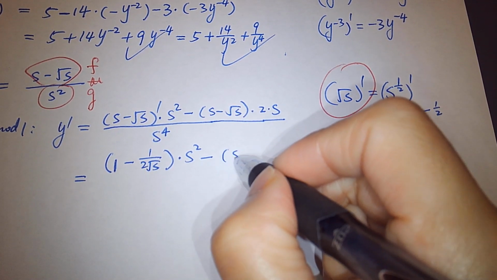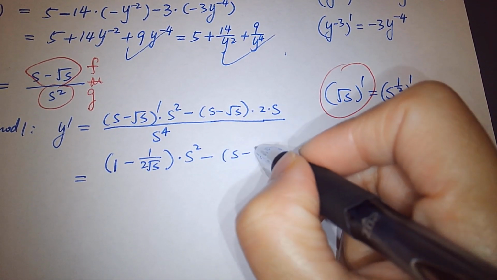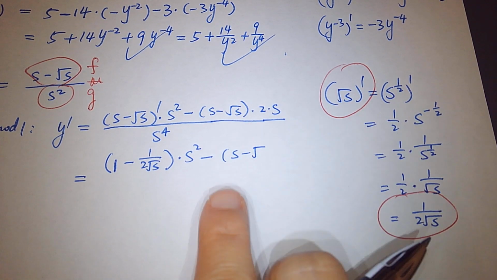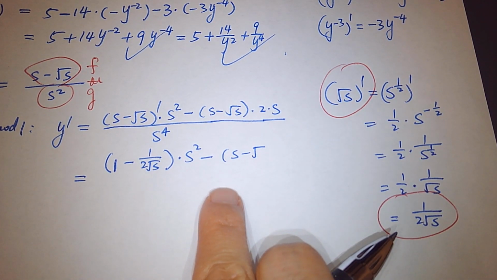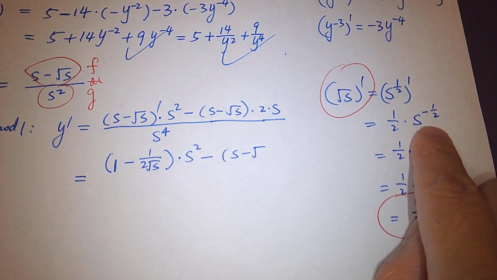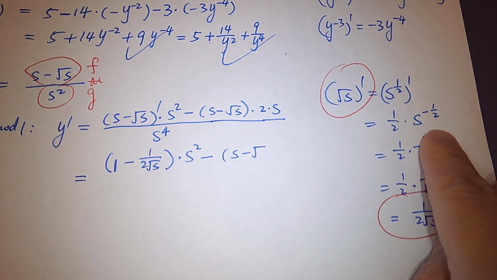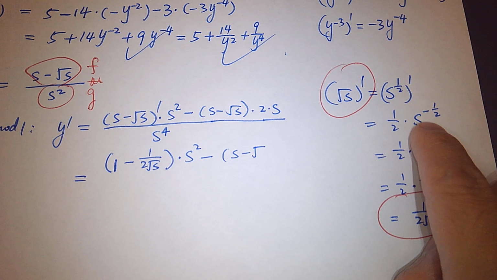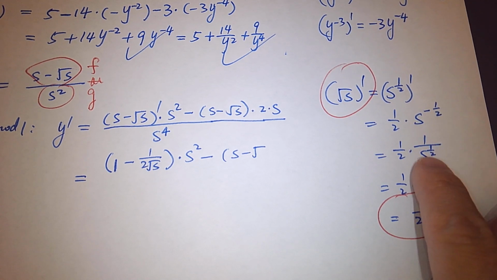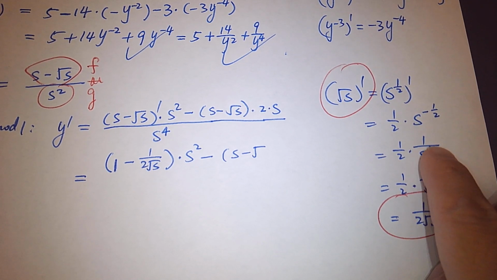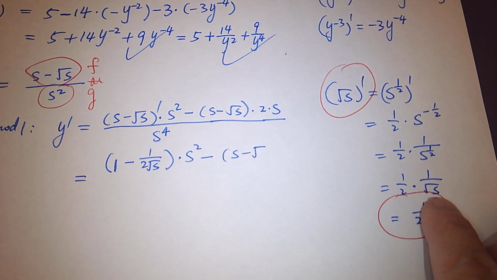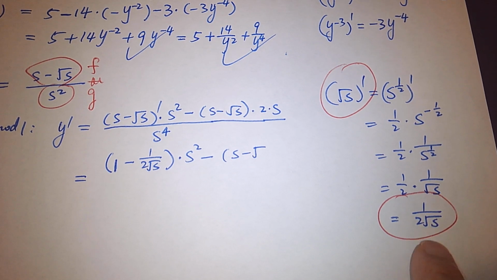So I'm going to copy that. Student question: why isn't the derivative 1/2 of s to the negative 1/2 power? Yes, it is. Those are the same number. I'm just simplifying this, because s to the negative 1/2 equals 1 over s to the positive 1/2, and s to the positive 1/2 is square root of s. So that's how we get this.